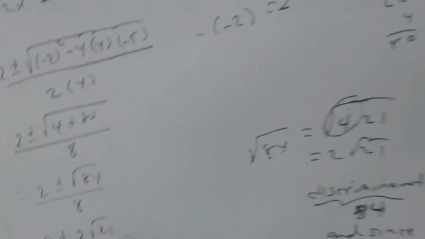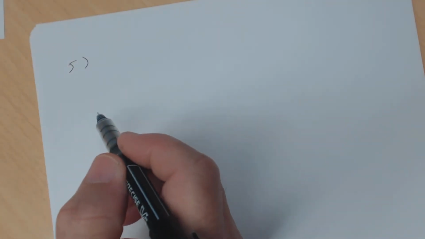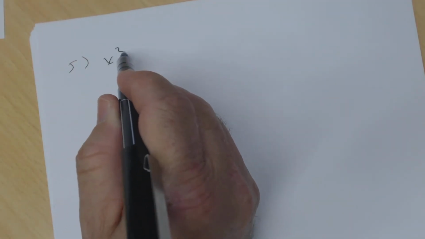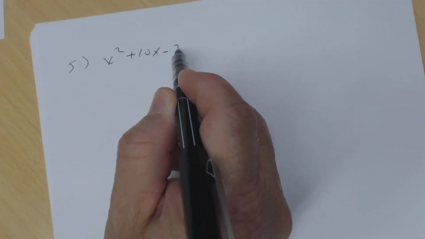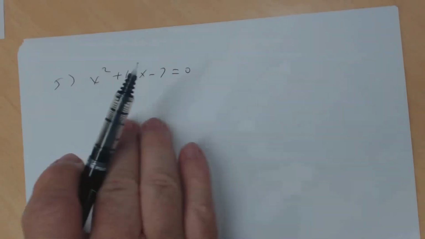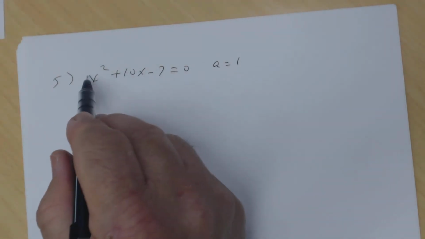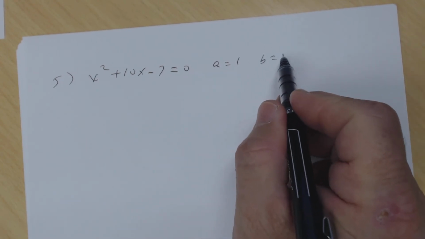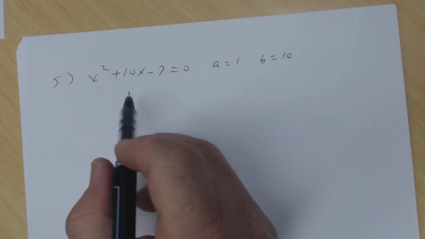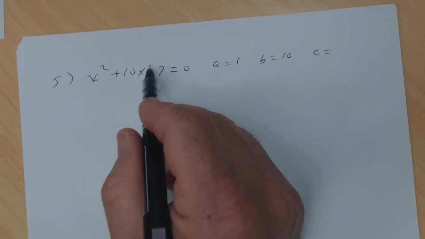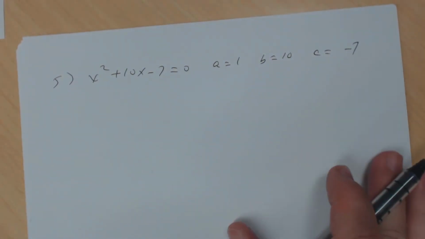Okay. All right, number 5. Let's suppose we had this. We had x squared plus 10x minus 7 equals 0. So again, it's already in standard form. So a is 1, coefficient of x squared. B is coefficient of x, so that's 10. And c is your constant, so that's negative 7.